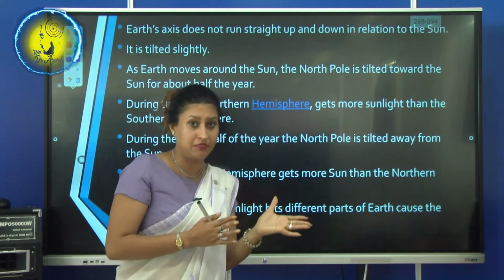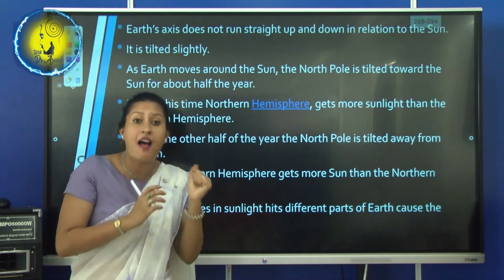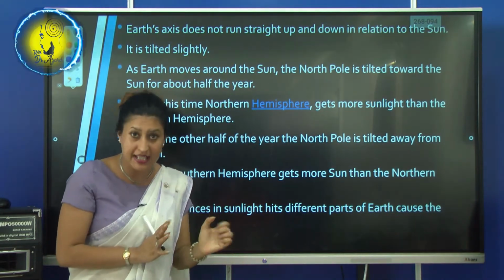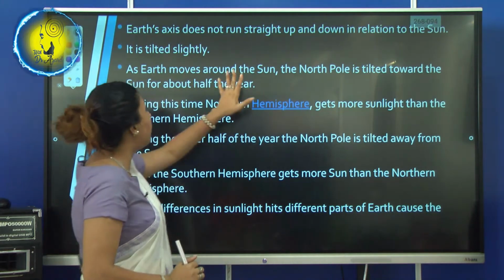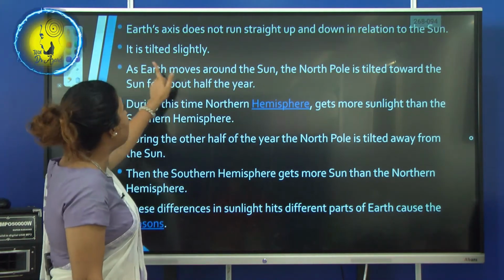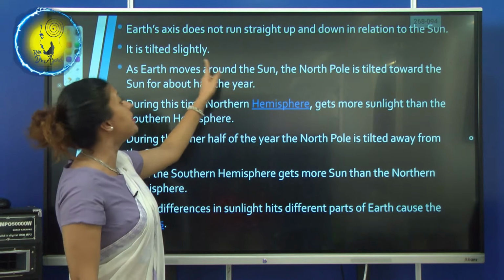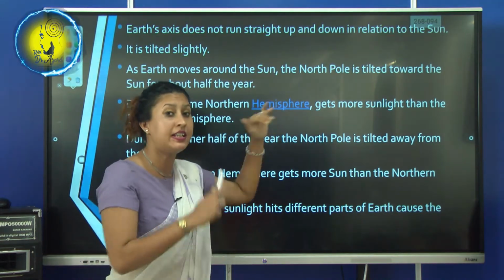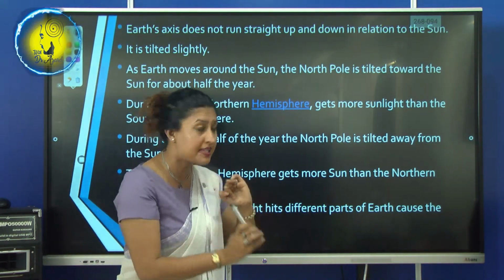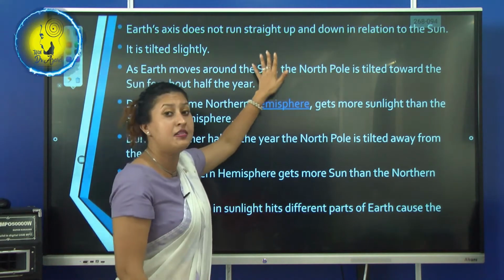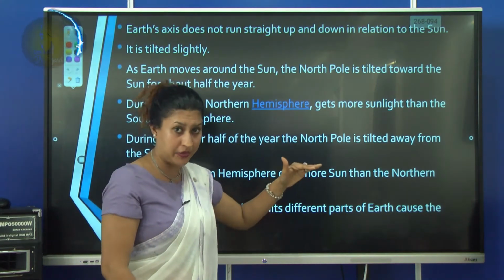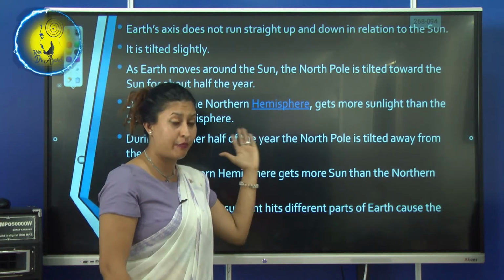It's tilted. Tilted in the sense it's slanted slightly. Okay? It's slanted a little. So because of that, while the Earth is moving around the sun, the northern part, you know, north, south, west, east.